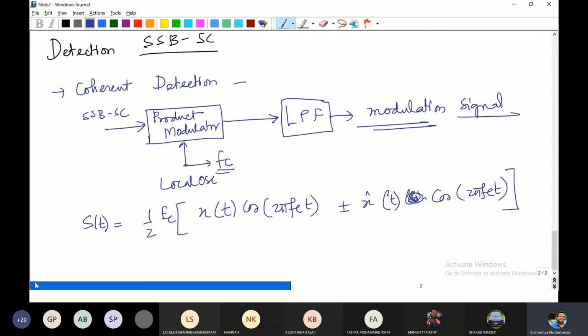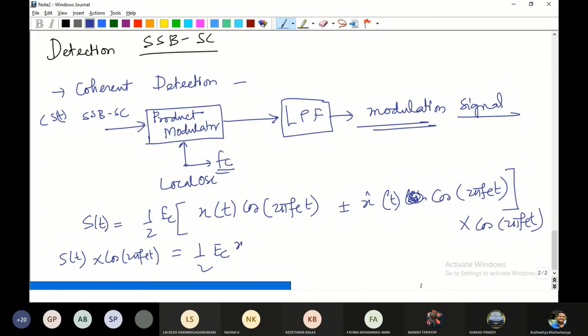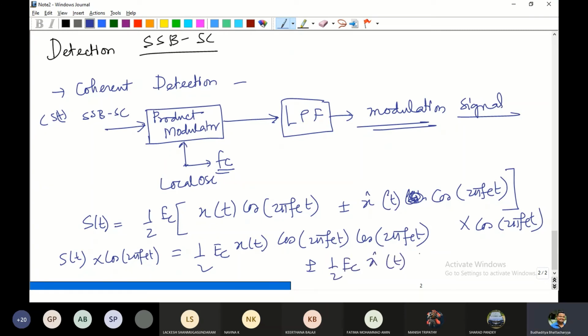Now if I multiply this S(t), which is the input over here, by the carrier cos 2 pi FCT, the whole thing multiplied by cos 2 pi FCT, there will be half of EC X(t) cos of 2 pi FCT multiplied by again cos of 2 pi FCT, plus minus half of EC X prime T sine 2 pi FCT multiplied by cos 2 pi FCT.